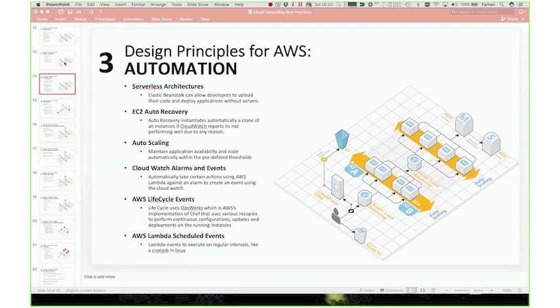So Lambda is like a cron job in Linux. It can schedule an event. It can trigger automatically as part of a CloudWatch alarm, or it can work independently. Now, Amazon has extended the Lambda function this year, and they have introduced something called Greengrass.